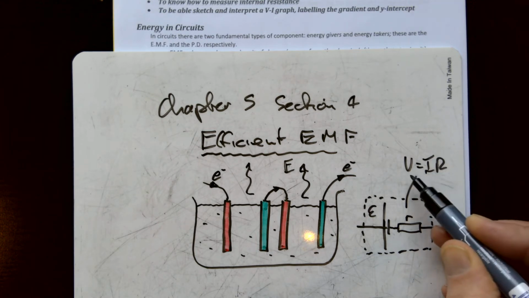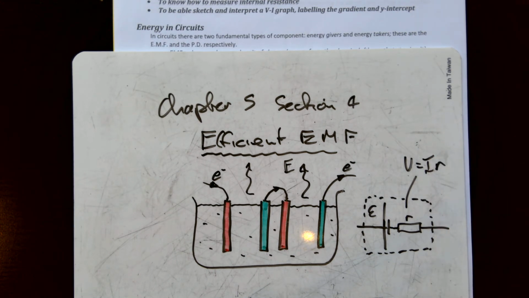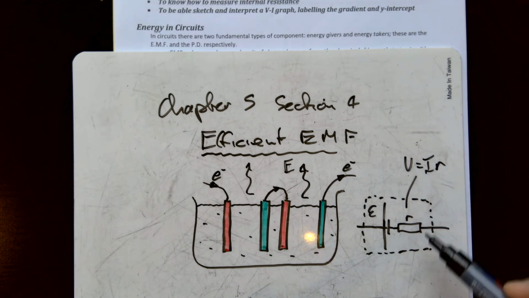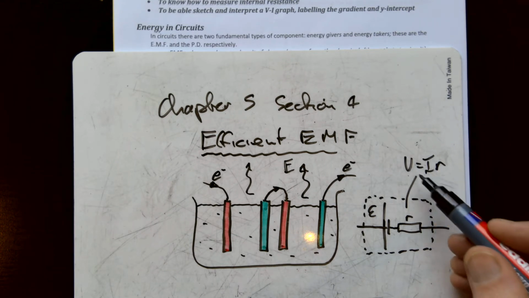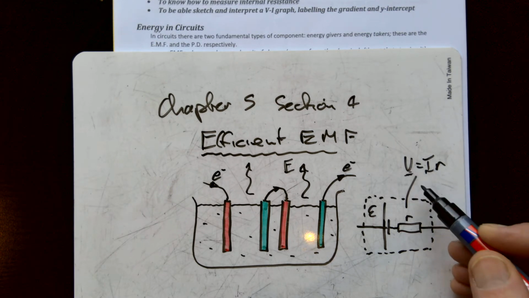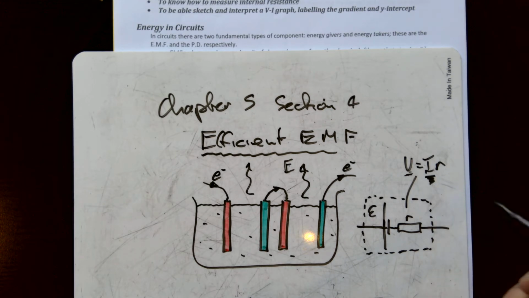For my little resistor, when the current is zero, the loss is zero. As soon as current flows, you are taking off a bit of voltage, and as you should find from your experiment, the bigger the current is, the bigger the voltage dropped inside the cell, the energy loss inside the cell.